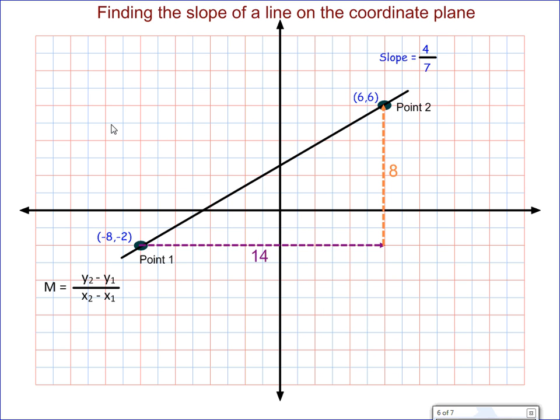So y2, point 2's y value, is 6, minus y1, point 1's value, is negative 2, which will be represented by 6 minus negative 2.